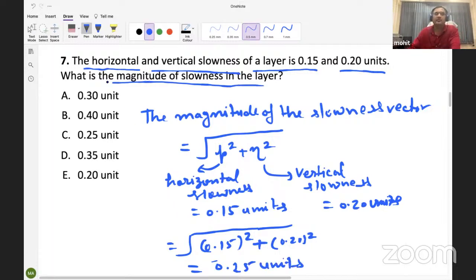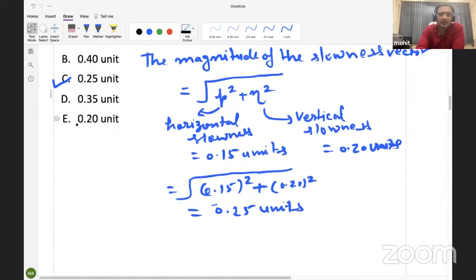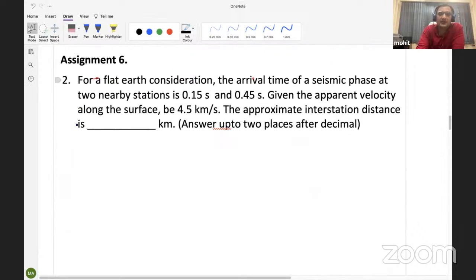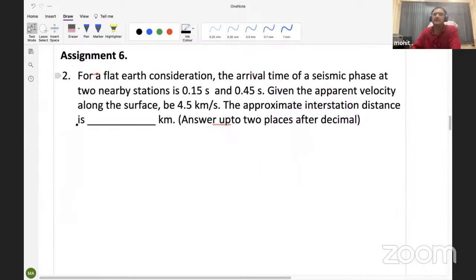So if you look at your options, then option number C is correct. That is 0.25 units.